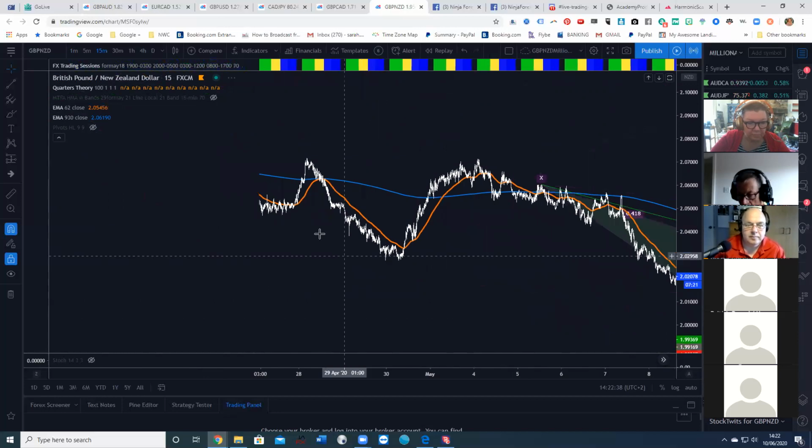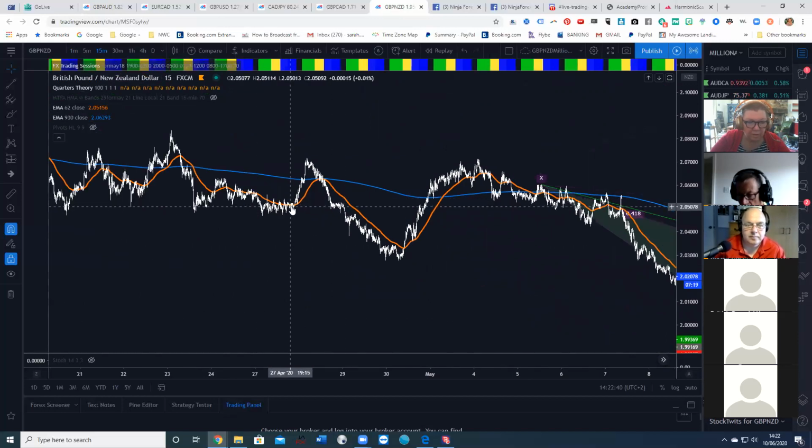Here's one. So you could think, how many pips is that from above the 62? 20 pips. So I may well have a pitchfork that I've got switched off back there, and quarter theory has decided to switch itself off. Oh, but there's a quarter theory, 2.05 thousand.